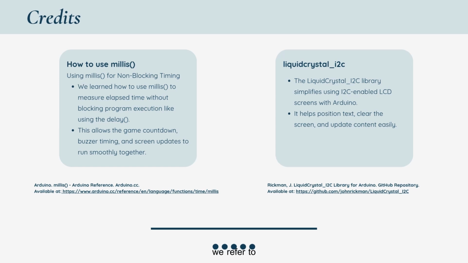Second, we referred to documentation for the LiquidCrystal I2C library. This library made it easier to control the LCD screen, especially for setting cursor positions, clearing the screen, and updating text efficiently. Apart from understanding how to use these tools, all the design, logic, and coding were created independently by us, ensuring the work truly reflects our own understanding and effort in the class.